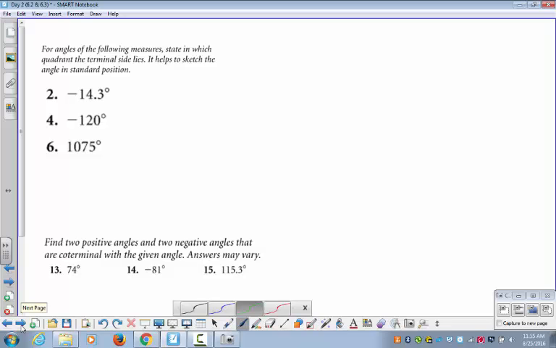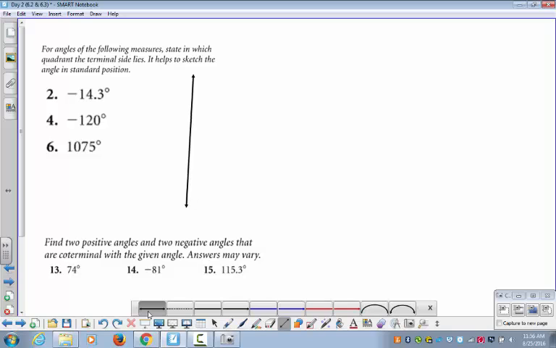So for the following angles, state the quadrant that the terminal ray lies in. And these aren't meant to be super hard, but we want to make sure that it's clear on the direction of rotation.